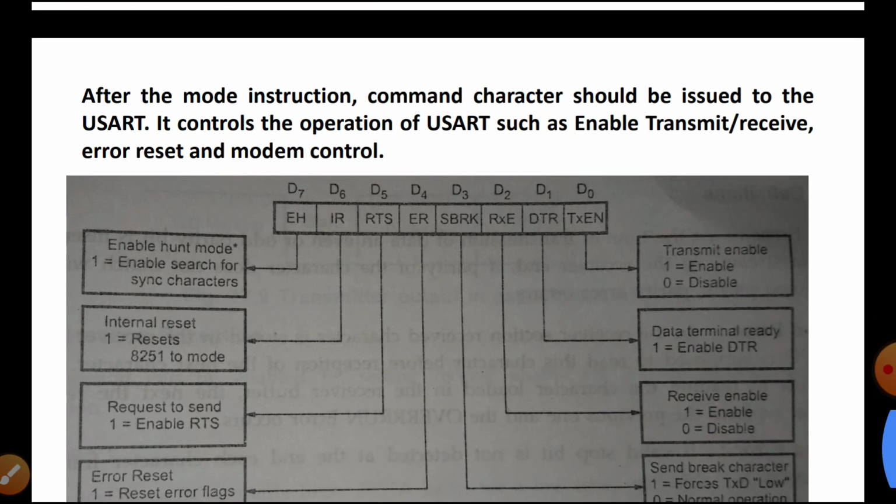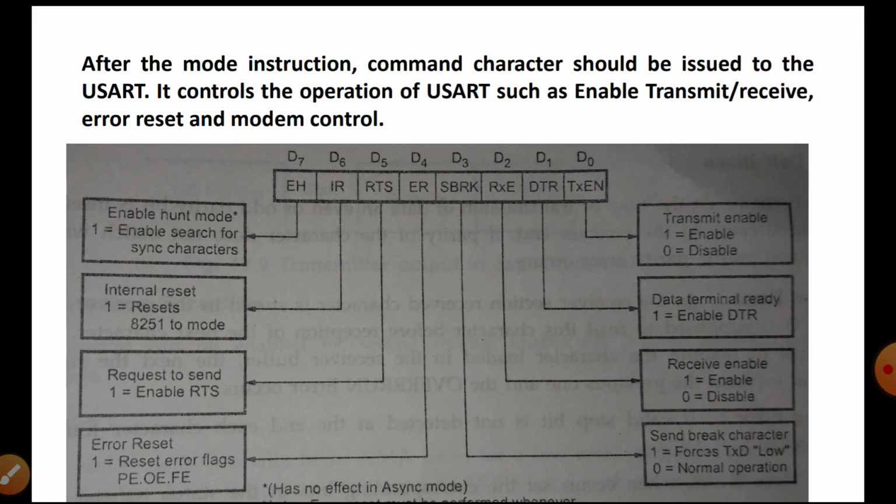Now, the second one is the command instruction format. After the mode instruction, the command character should be issued to the 8251 USART, and the purpose is to control the operation of the USART within the basic framework that is established by the mode instruction.